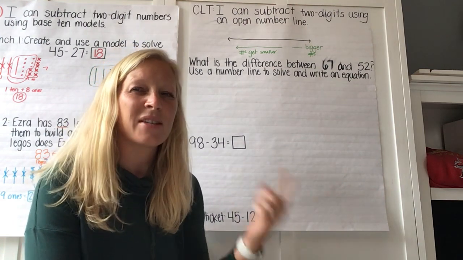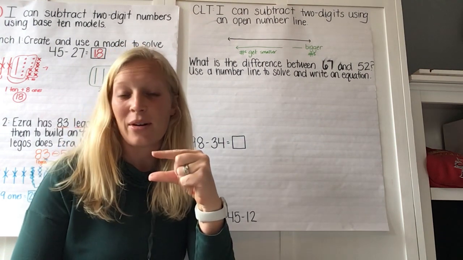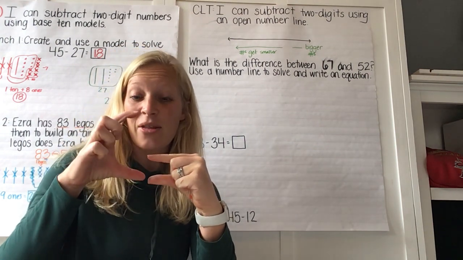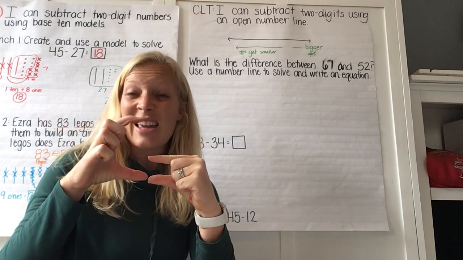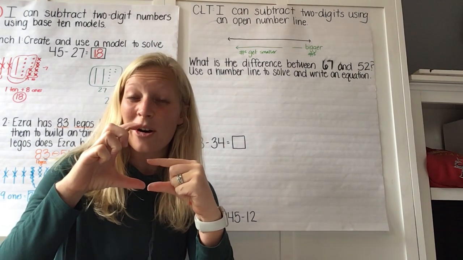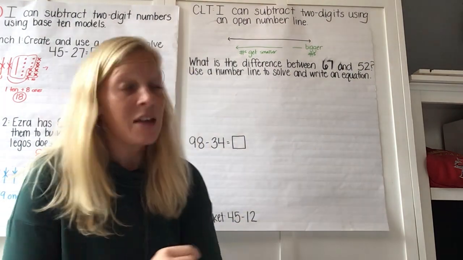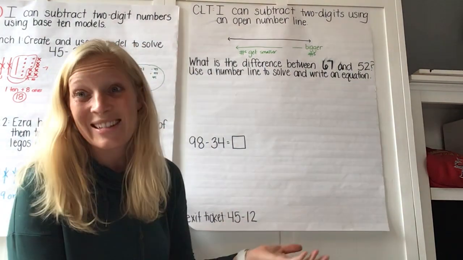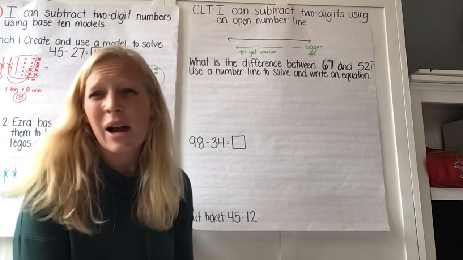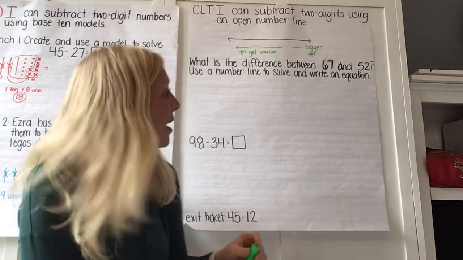I just wanted to give us that reminder that if we have a number that's this big and we have another number that's this big, the difference is the space between, right? How much more or how much smaller is one number from the other? As we're finding the difference between these numbers, I want us to think about that. That might be helpful as we're using that open number line.